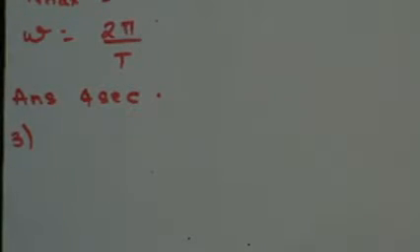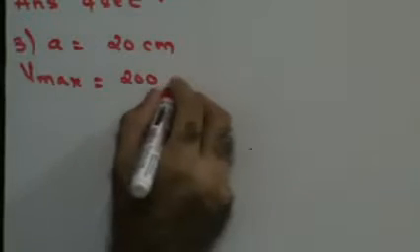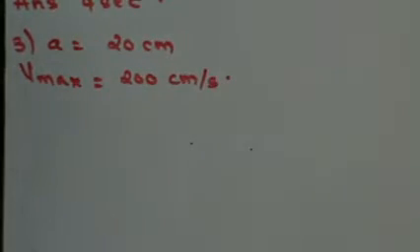You can copy the answers later. First go on taking down the questions. A particle performs SHM of amplitude 20 centimeters and has a maximum velocity of 200 centimeters per second.